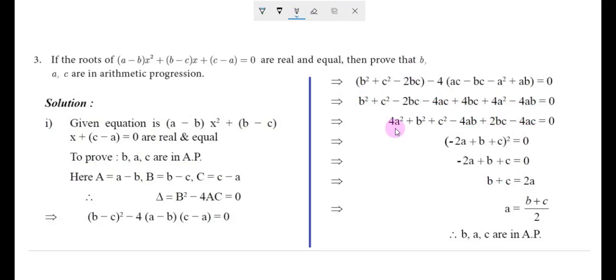Now look, 4a square plus b square plus c square minus 4ab plus 2bc minus 4ac equal to 0.